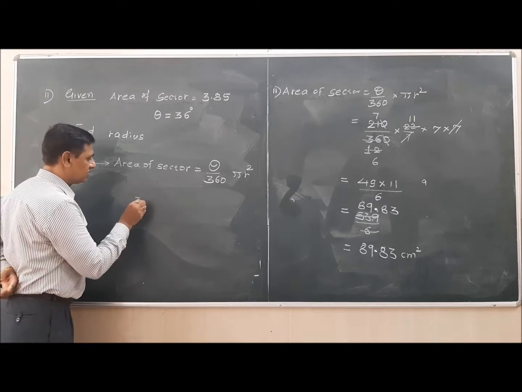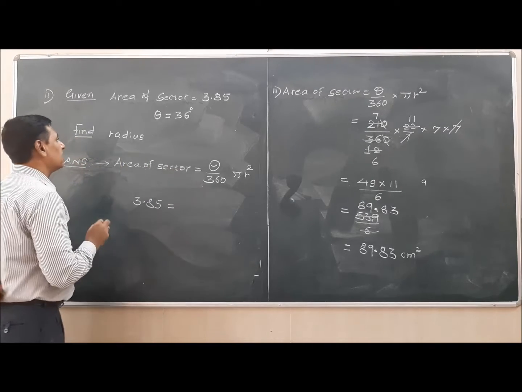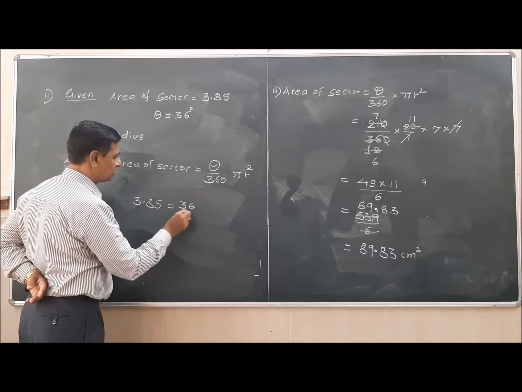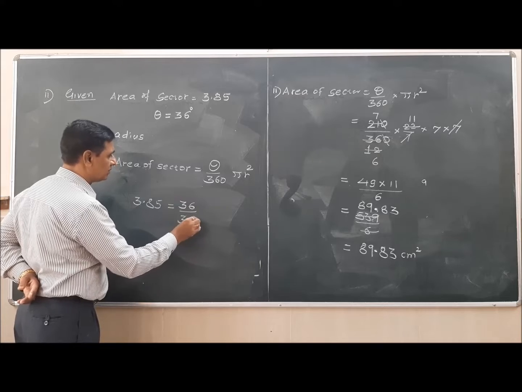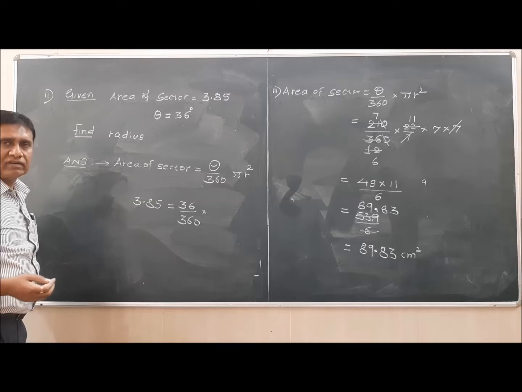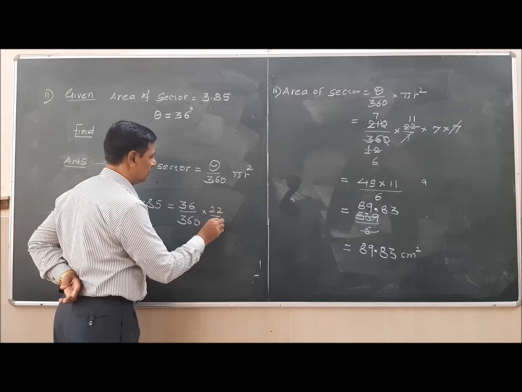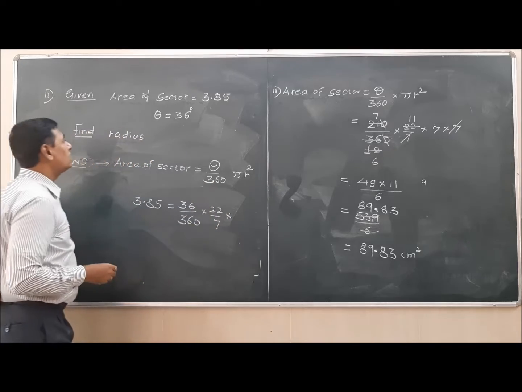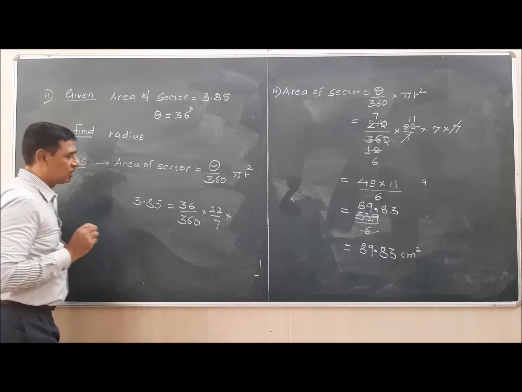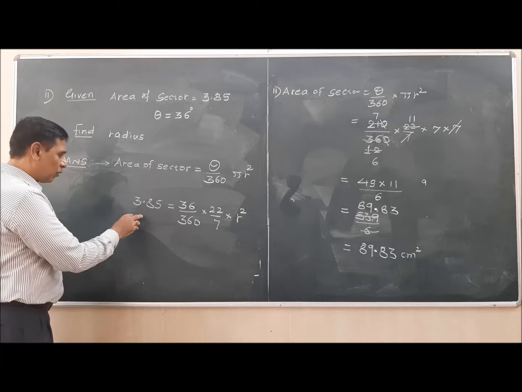So I'll take it as 3.85. That is equal to value of theta, which is also given as 36. So 36 upon 360 multiplied by value of pi. You are most welcome to take value of pi as 22 upon 7 into radius square. This time radius is not given at all. So I'll write it as r square. 3.85.